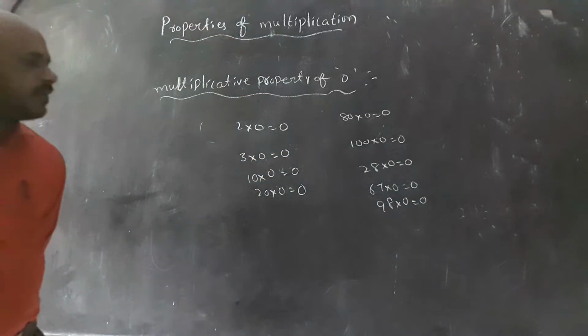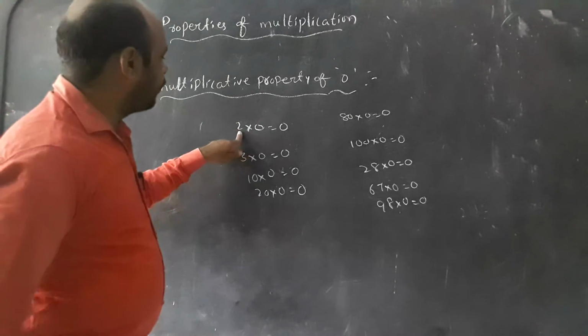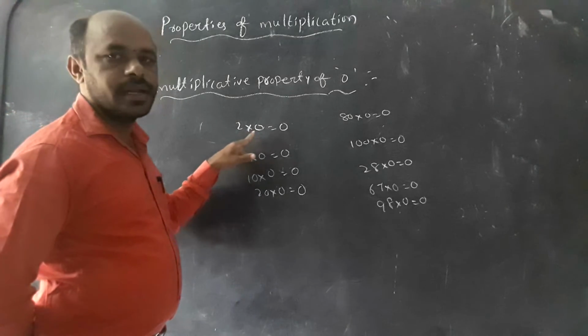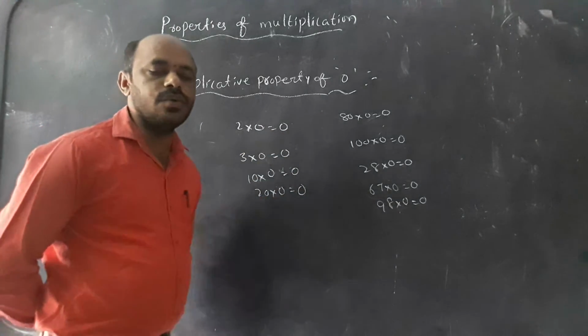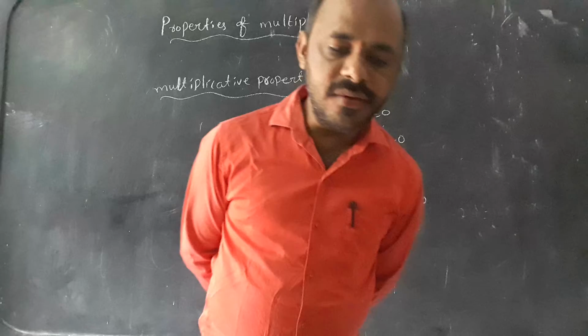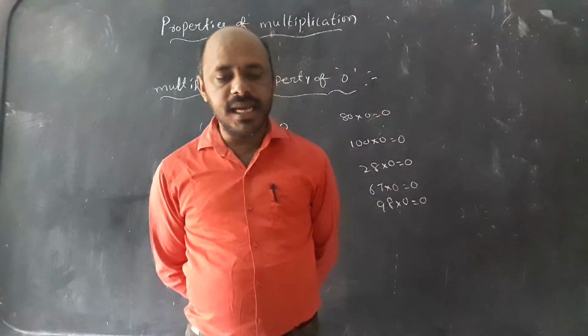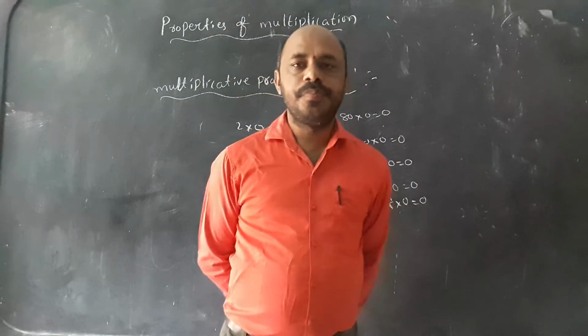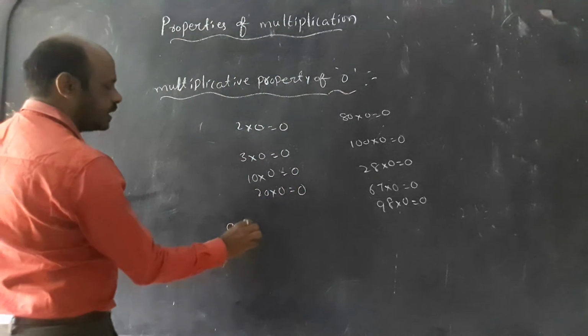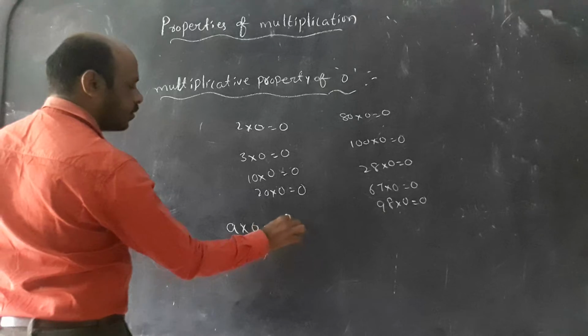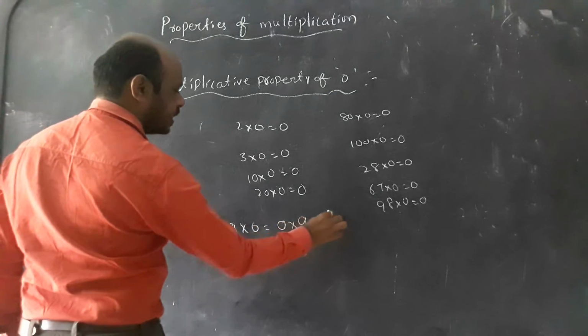Like this, whenever we multiply any number with 0, the product is always 0. This property we call the multiplicative property of 0. See here, a into 0 is equal to 0 into a, which is 0.